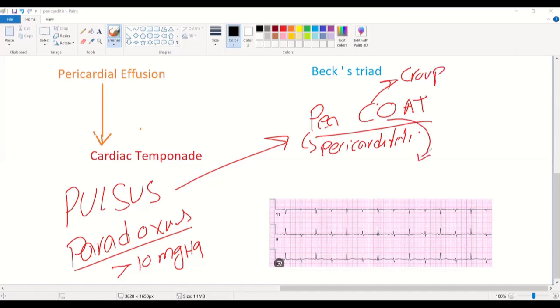O for obstructive sleep apnea. A for asthma. And T for cardiac tamponade. So this is again high yield stuff, the causes of pulsus paradoxus.